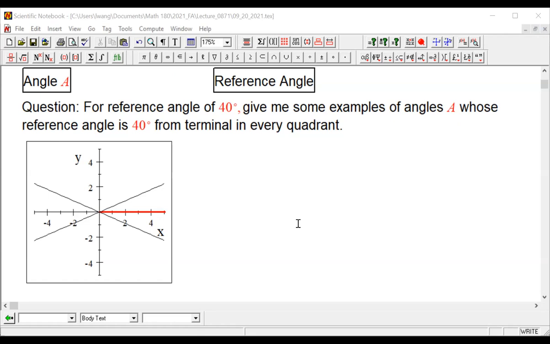That's in the first quadrant. But there are many more angles that could terminate in the first quadrant, right? It could be 40 degrees plus 360 degrees, 40 degrees plus 720 degrees. The list could go on, right?